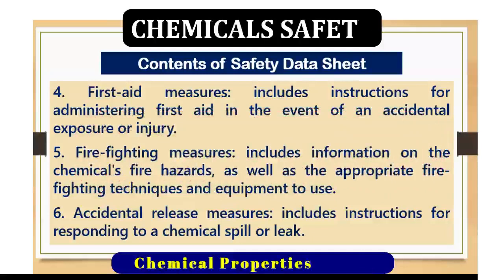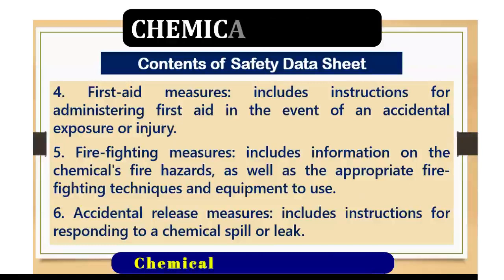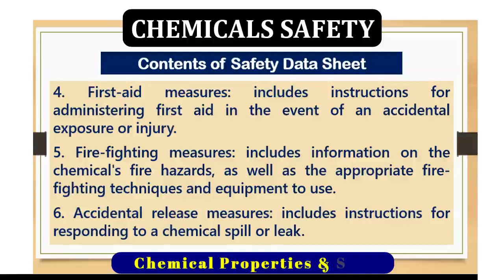Number 5, firefighting measures. It includes information on the chemical's fire hazards as well as the appropriate firefighting techniques and equipment to use. Number 6, accidental release measures. It includes instructions for responding to a chemical spill or leak.